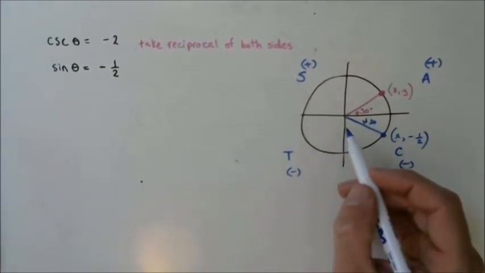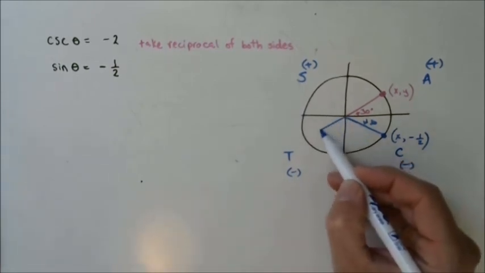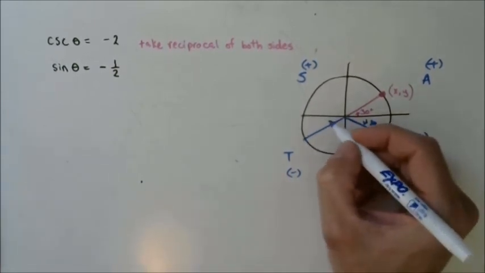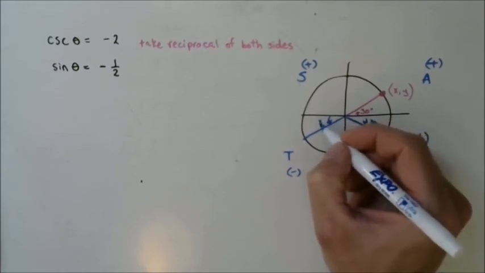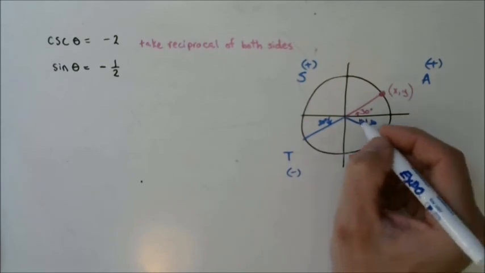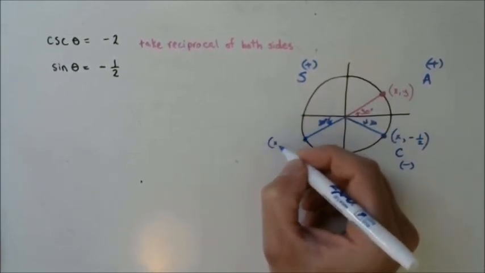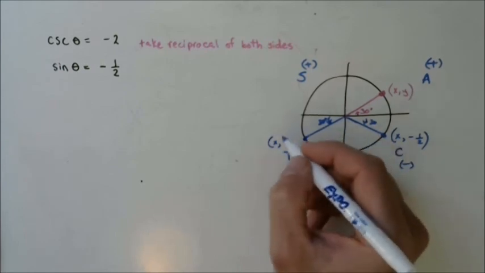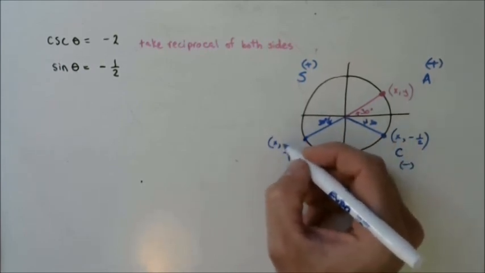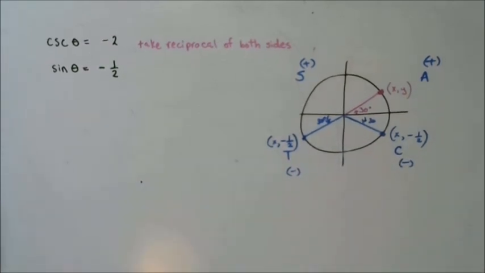And the other place that that's going to happen is way out here, where we've gone another 30 degrees from our horizontal line, from our x-axis, from 180 degrees, and that this coordinate is also going to be x. Not concerned what x is right now. The y coordinate is going to be -1/2.